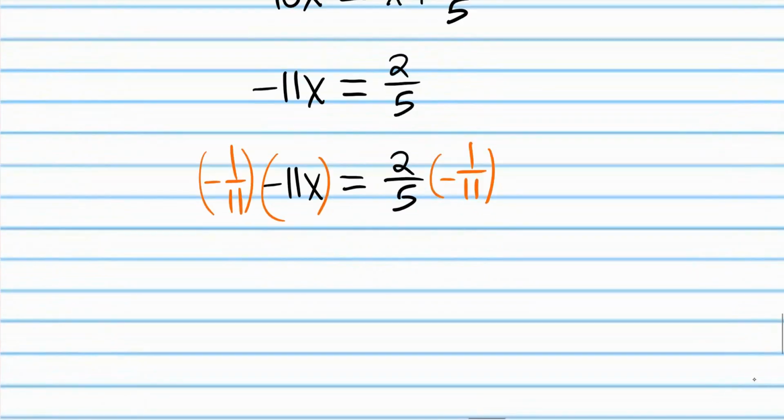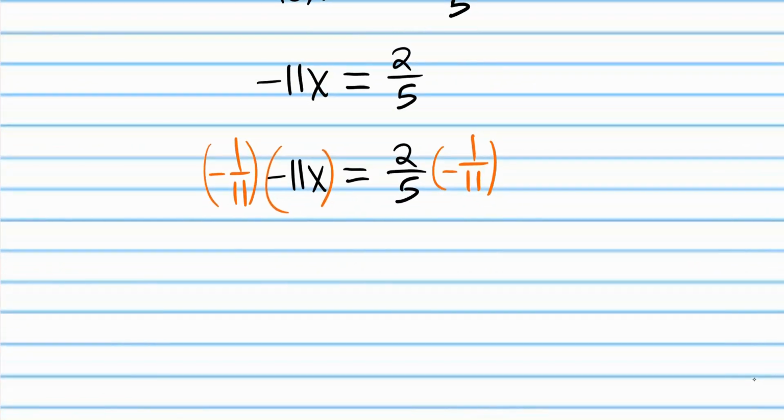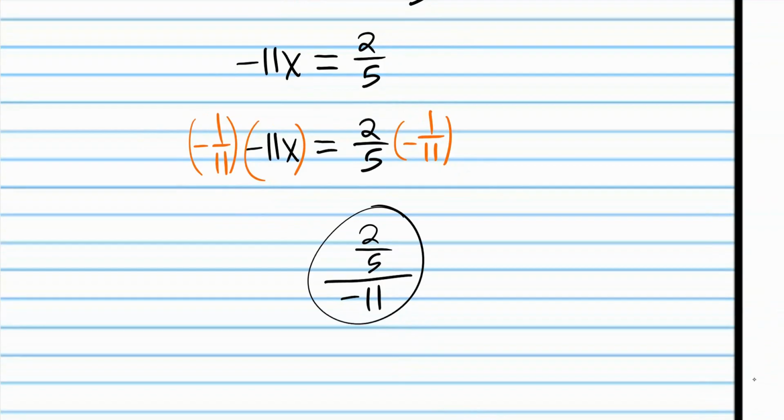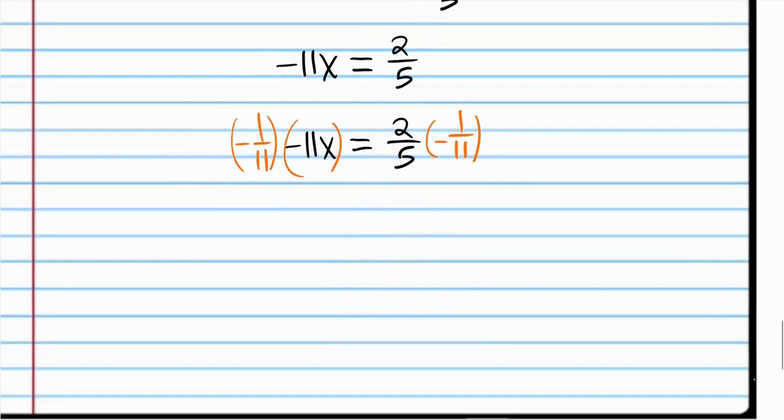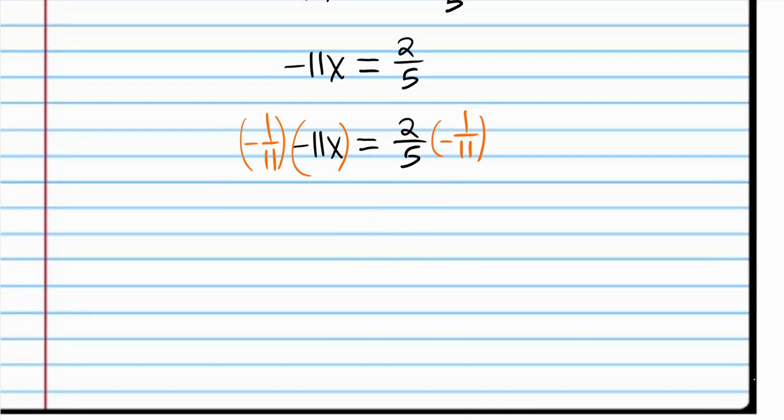You can do it however you want, but if you divide both sides by negative 11, you're going to have a complex fraction. You're going to have 2/5 over negative 11. That's okay, but then you have to deal with the complex fraction. So we get x is equal to negative 2 over 55.